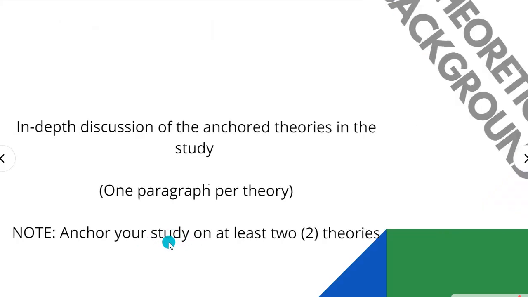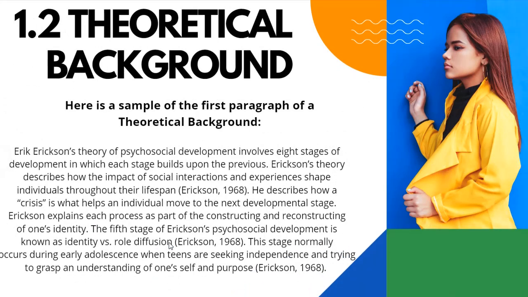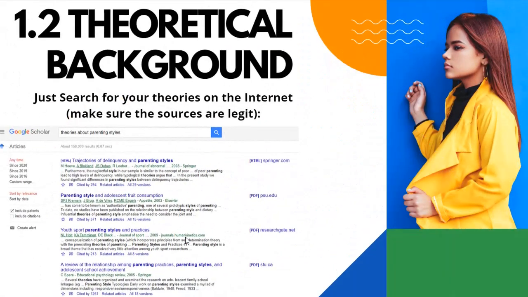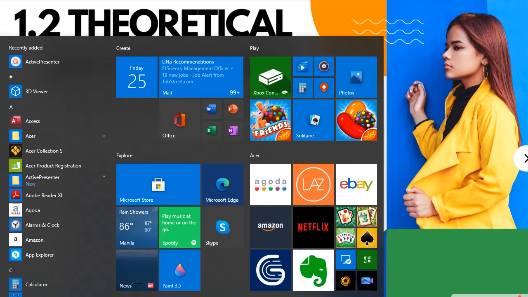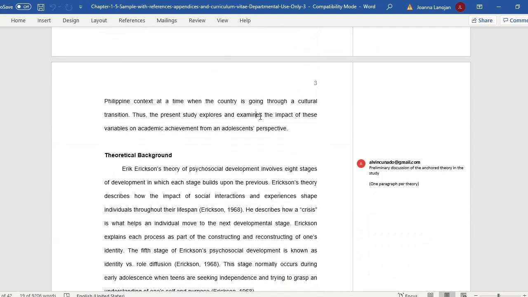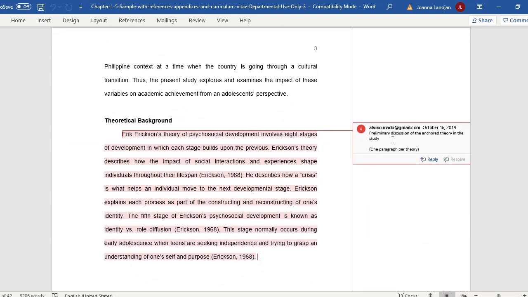Okay? Here is a sample of the first paragraph of a theoretical background. This is an example, for instance Erikson's theory of psychological development. Just search for your theories on the internet, and make sure that the sources are legit. Here is the preliminary discussion of the anchored theory in the study.